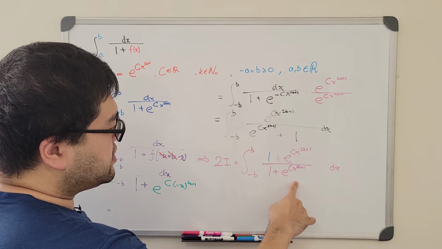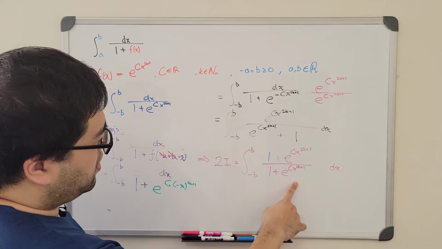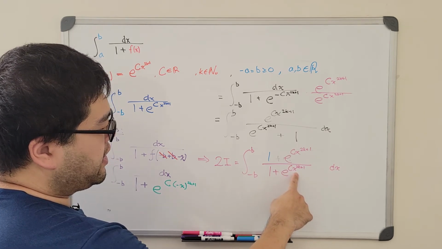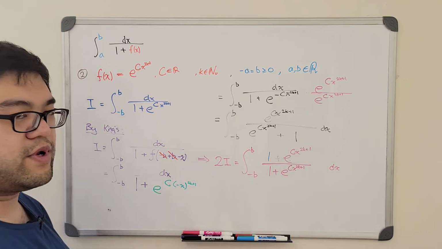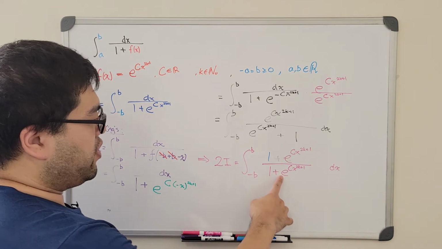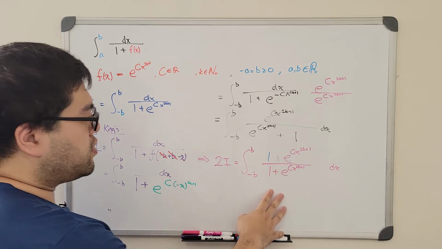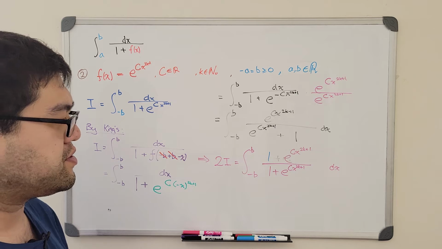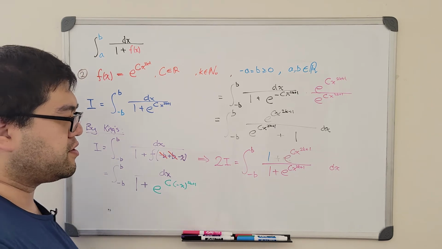Can we really get 0 over 0? Not really, because we know that e to the cx to the 2k plus 1 power is always positive because we're raising a positive base. Good. So the denominator as well as the numerator will not be 0.